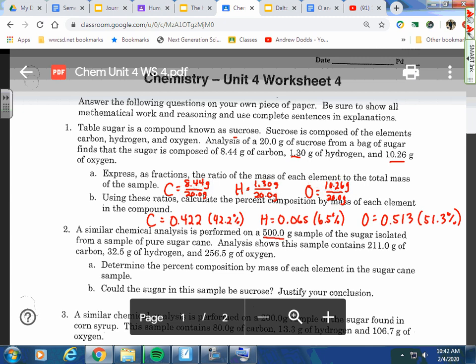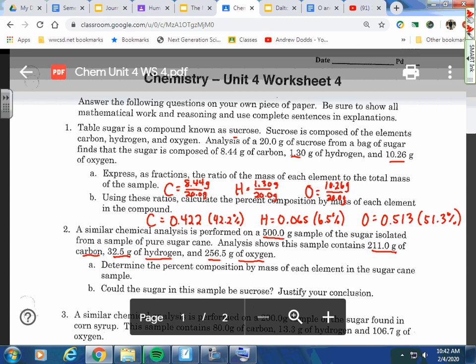So we're going to determine the percent composition by mass of each element in the sugar cane sample, which means I'm going to take each part and divide each of them by 500 to find the percentage.